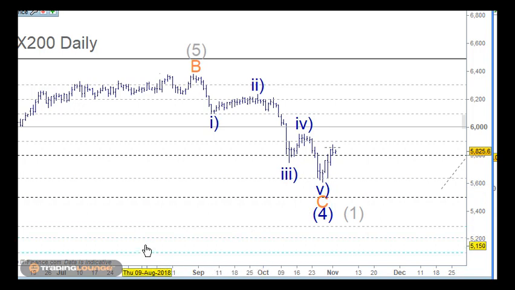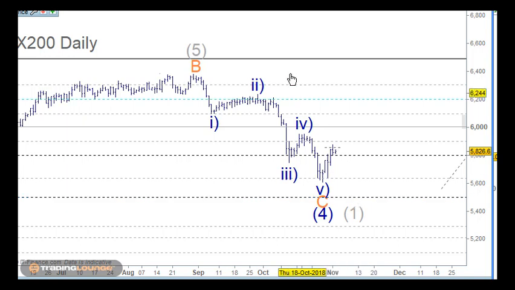So two counts on this particular pathway. We've either got 5 waves down and we're done and dusted, or we're going to push up here for wave 4 to around where we are now. There can be another little push up today, and then we finish in that supply zone where that wave 4 is here at 5.9, and then move down for one more move at that point.